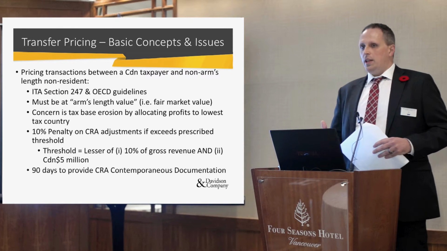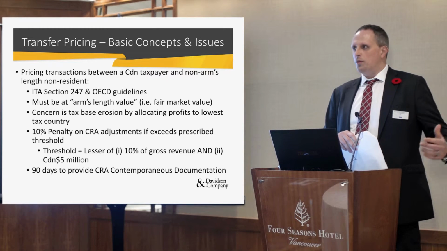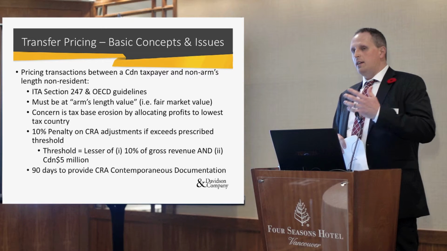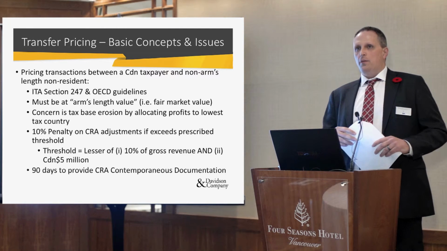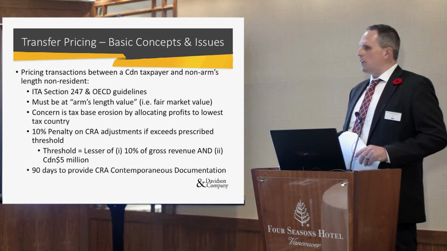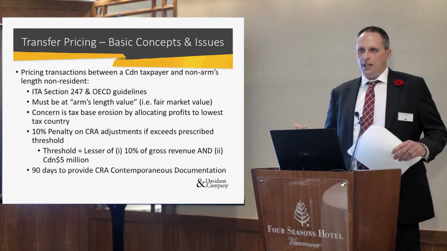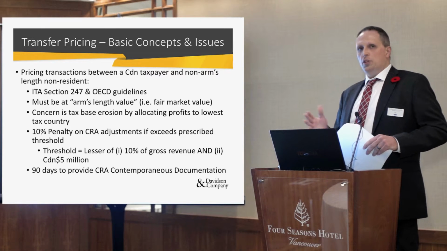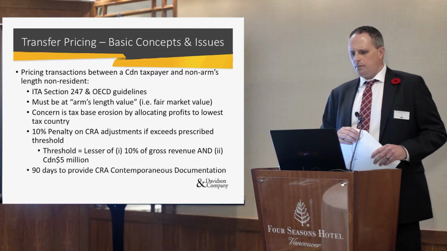What the OECD guidelines say, as well as our own Canadian Tax Act, is that these non-arm's length parties need to go by the fair market principle. So if you're selling goods from one to the other, you need to do it at market price, and that's how you determine what ultimately your taxable income is going to be for the year.